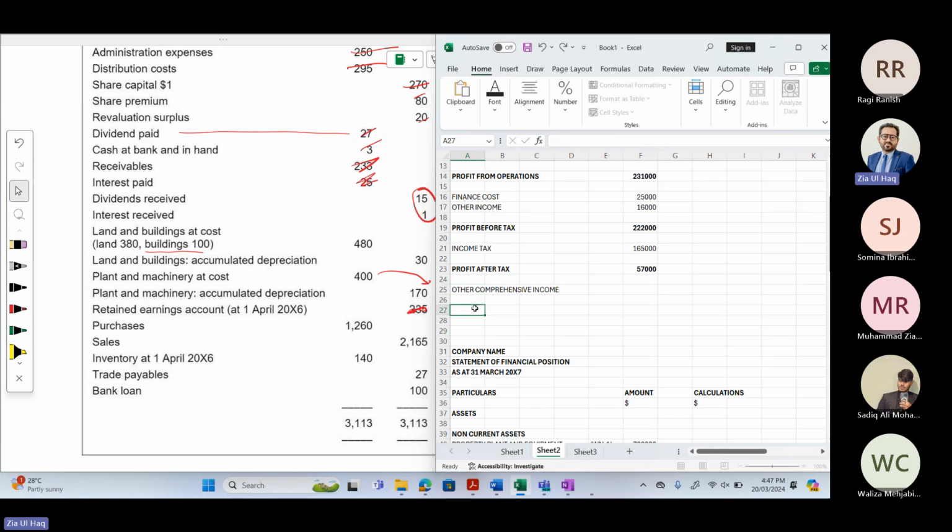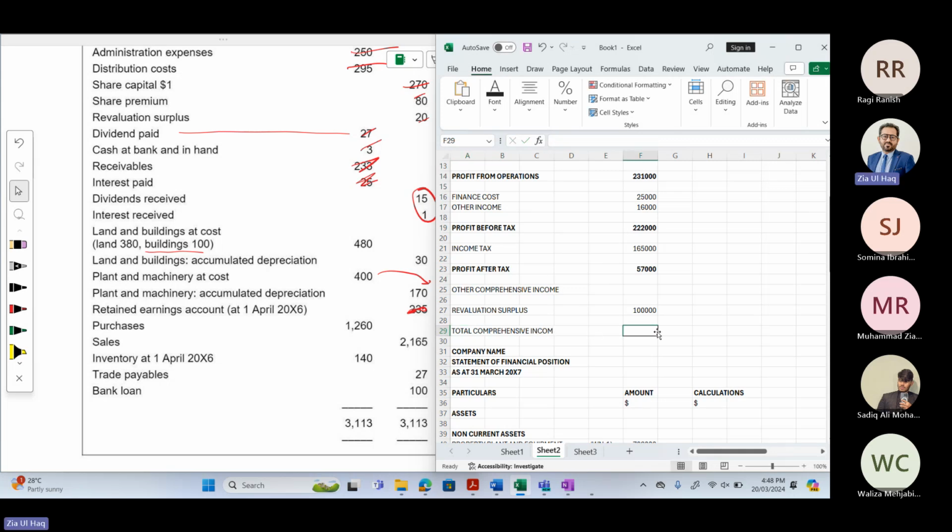Other comprehensive income, we are having what? Revaluation surplus of 100,000. So we can calculate total comprehensive income.